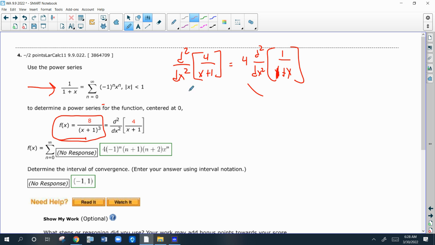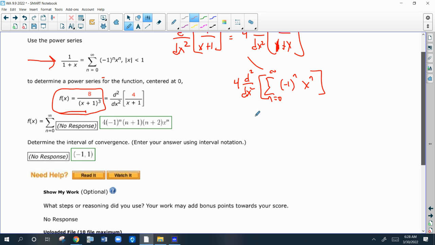So let's do it. We're going to take the second derivative of this whole power series. Negative 1 to the n is going to be a constant. We're doing this with respect to x, remember?